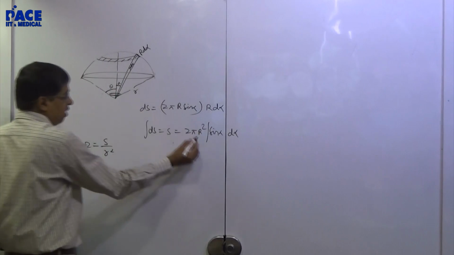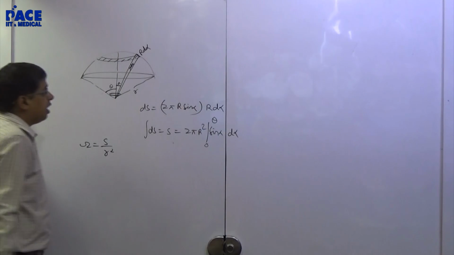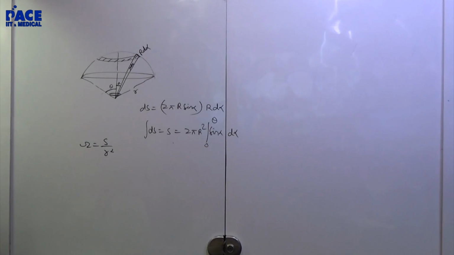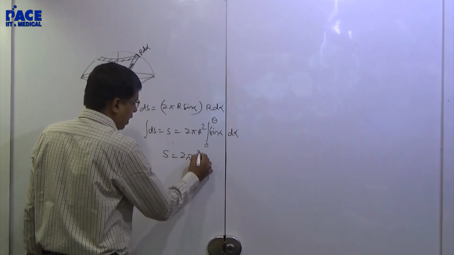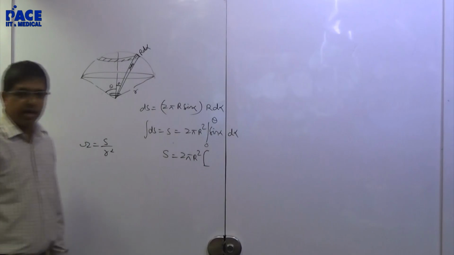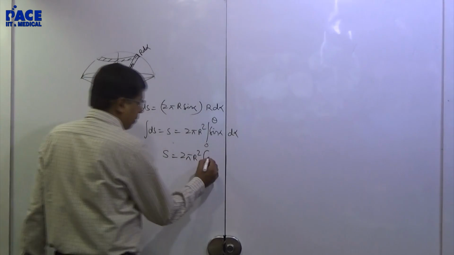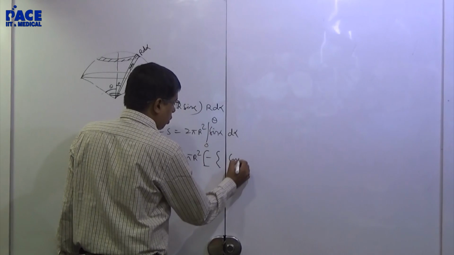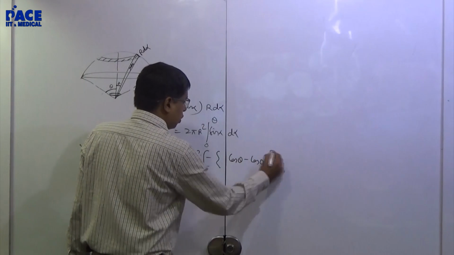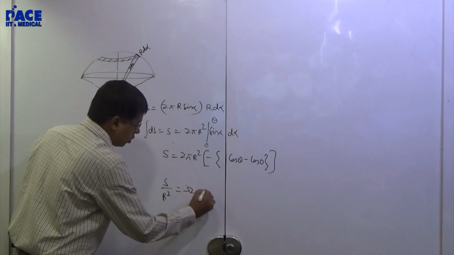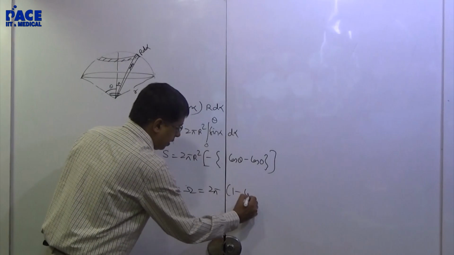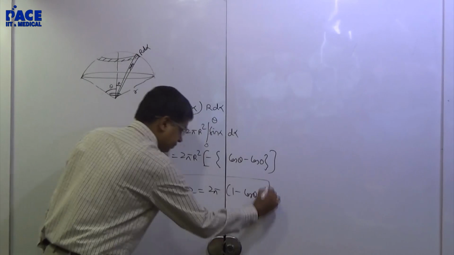Least value of alpha is 0. Maximum value of alpha is theta. Agreed? S is equal to 2 pi r square integral sin alpha, minus cos theta minus cos 0. S by r square is the solid angle, 2 pi into 1 minus cos theta.